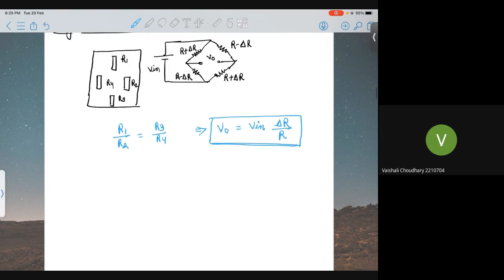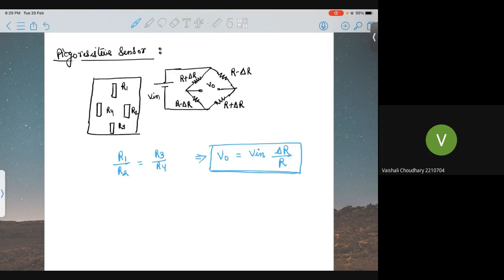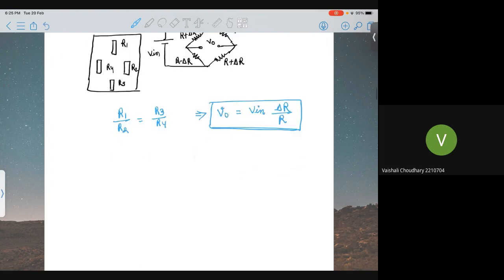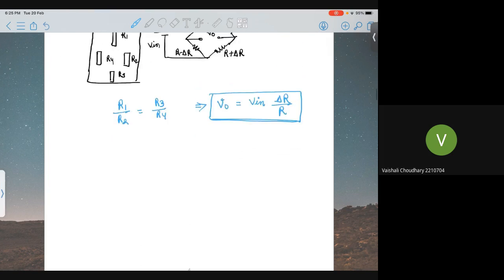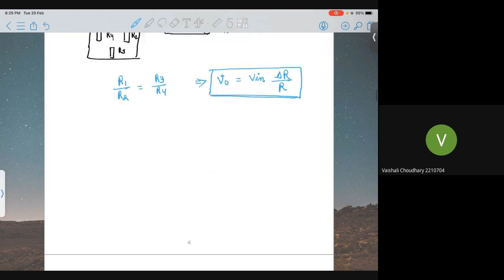So the output of this piezoresistive sensor will be based on the change in resistance. Now we'll see one important formula.